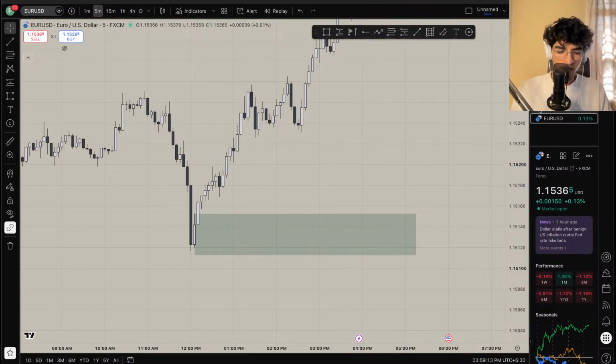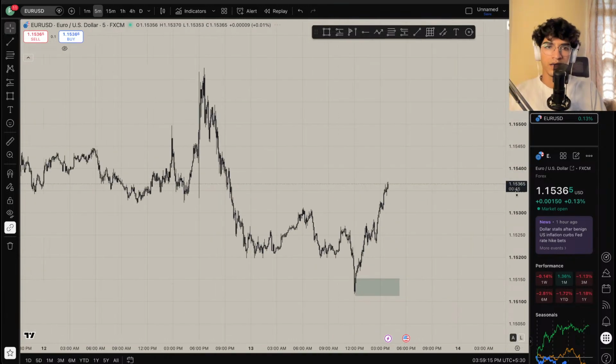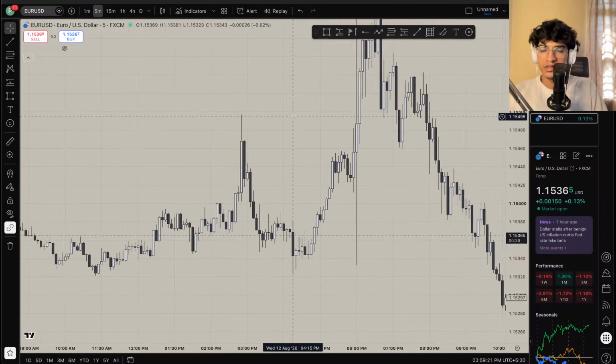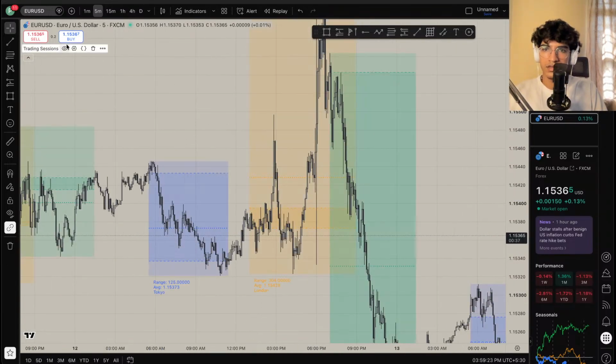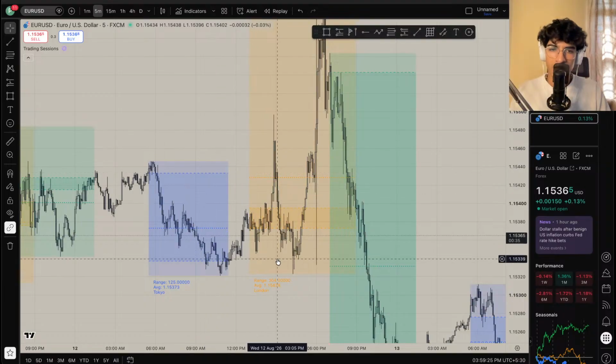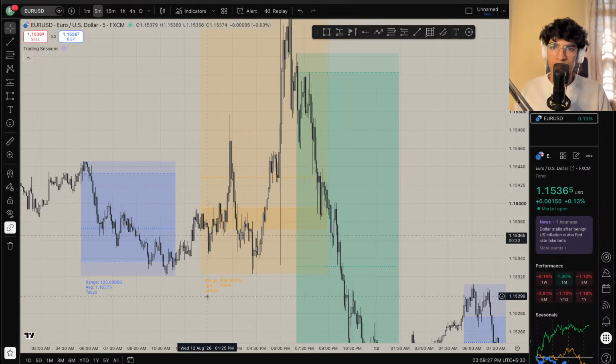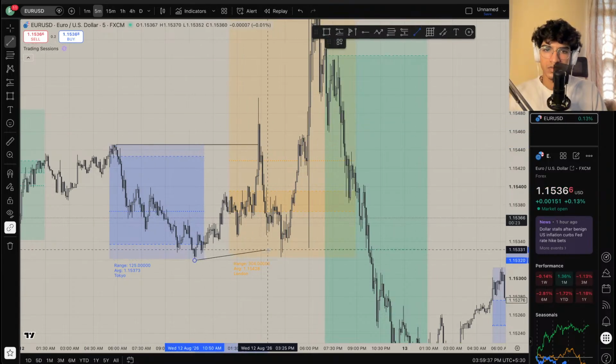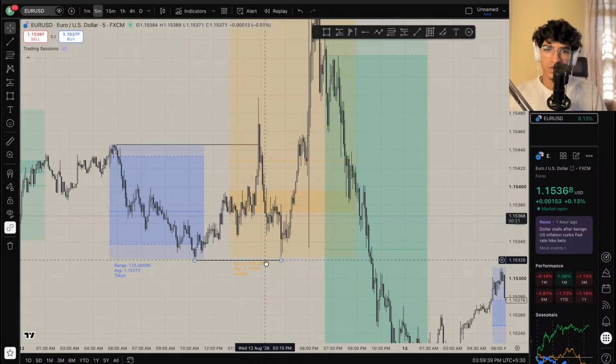Even if we look at the news trade, like there was a news move, right? You can see here, this is what I was looking at yesterday. The Asia high was swept, and price was almost about to sweep the low also.